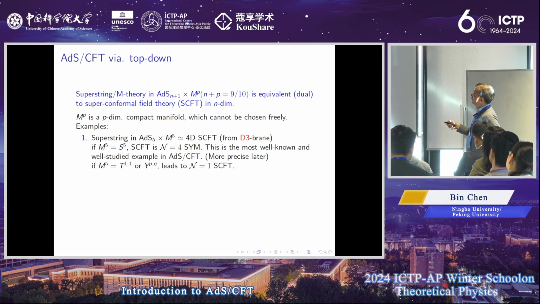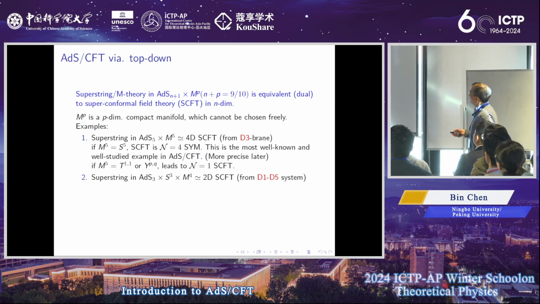If it's a maximally symmetric space, then it's N=4. But if the compact manifold has fewer symmetries, then the supersymmetry will also reduce. It's related to the isometry of this compact manifold: the isometry is related to the R symmetry of the supersymmetry. Okay, that's some technical stuff.